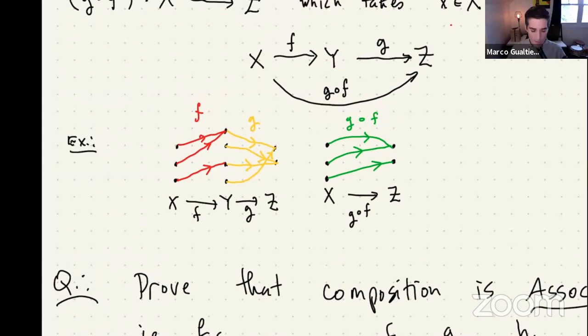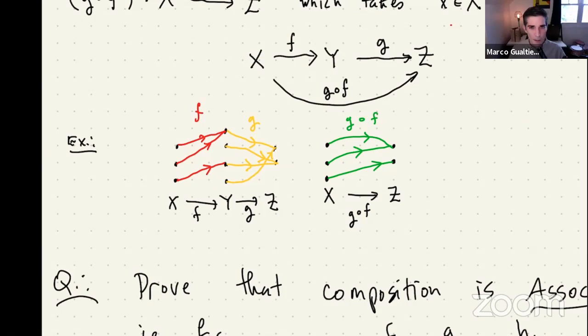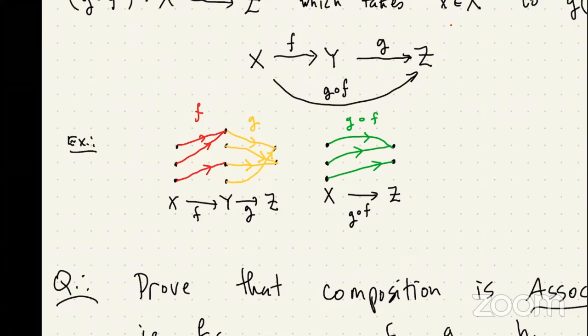So I think what you're asking is, is it true that every element in the domain must be sent somewhere? Is that what you're asking? Yes. So that is what a map is. No child is left behind. Every element of the domain set must be sent somewhere.